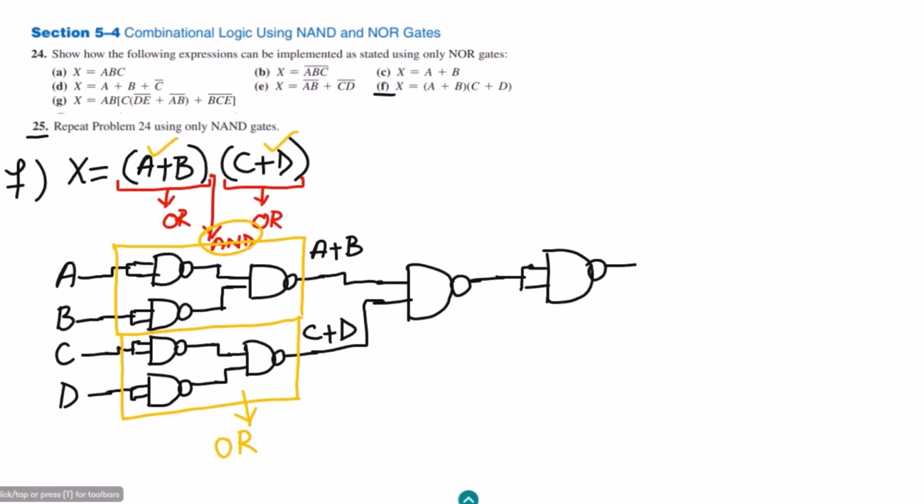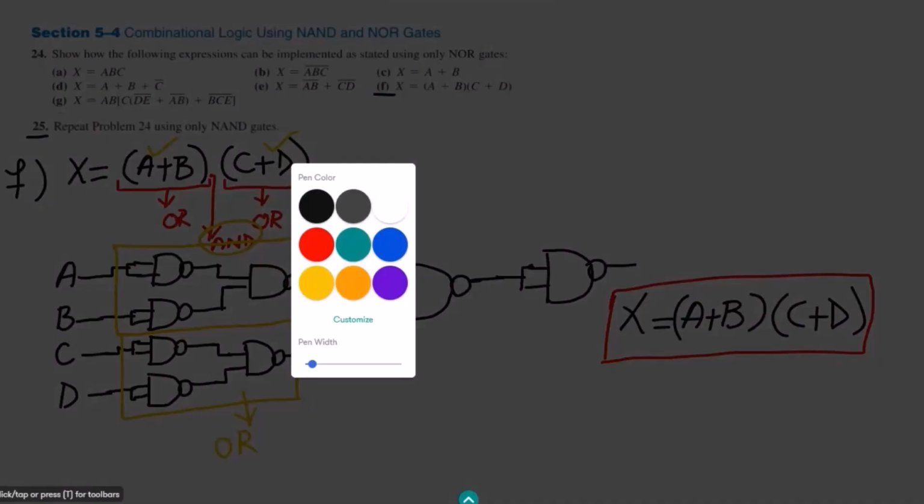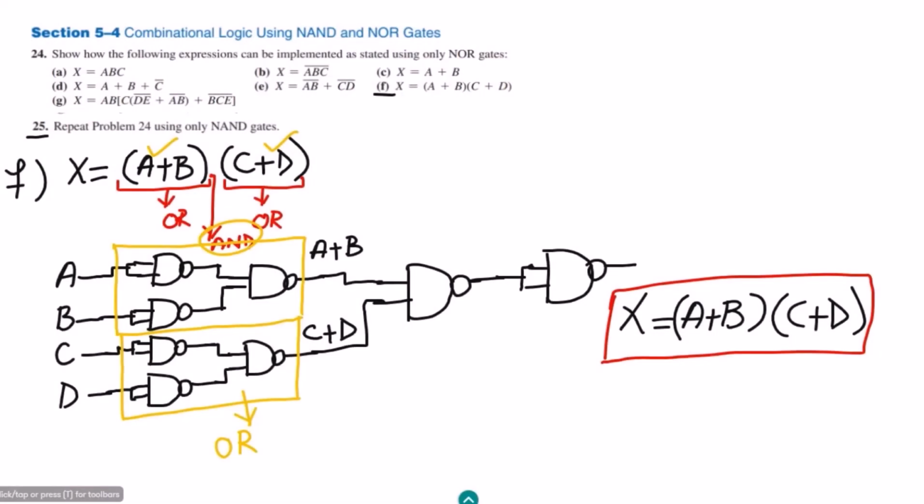At the output of it, what would I get? I would get A plus B multiplied by C plus D. That is the solution of my question, and here we have seen the implementation of the AND gate by using the two input NAND gates.